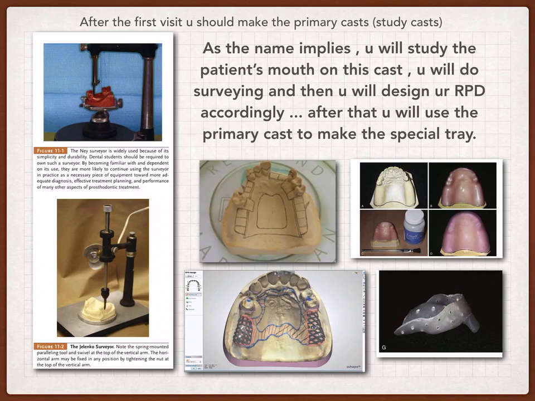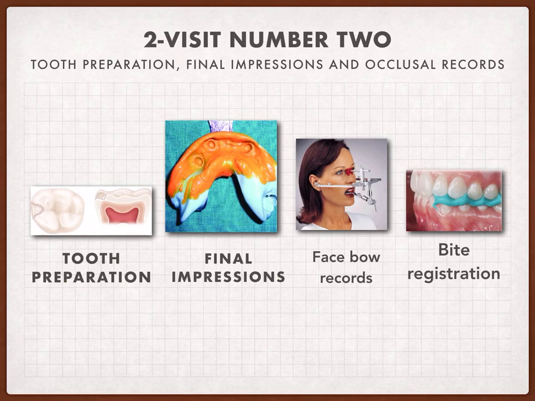After the completion of the surveying procedure and the removable partial denture designing procedure, we will use the primary cast to make the special tray. After doing the special tray, as we can see on the right picture, 2 pictures, we will call the patient for the second visit.